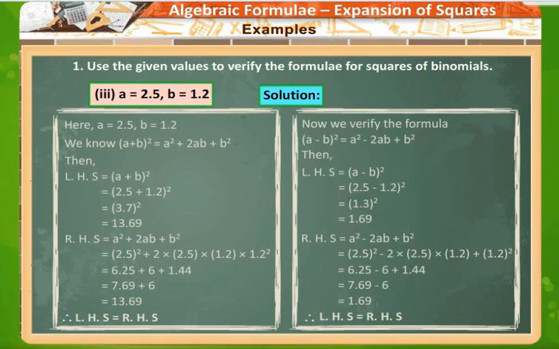Substitute the values, put the values of a and b in the left hand side and right hand side. You can see that the left hand side and right hand side are equal for the values a is equal to 2.5 and b is equal to 1.2. And this is how we are verifying the formulas by substituting. Substituting is putting different values in the formulas.